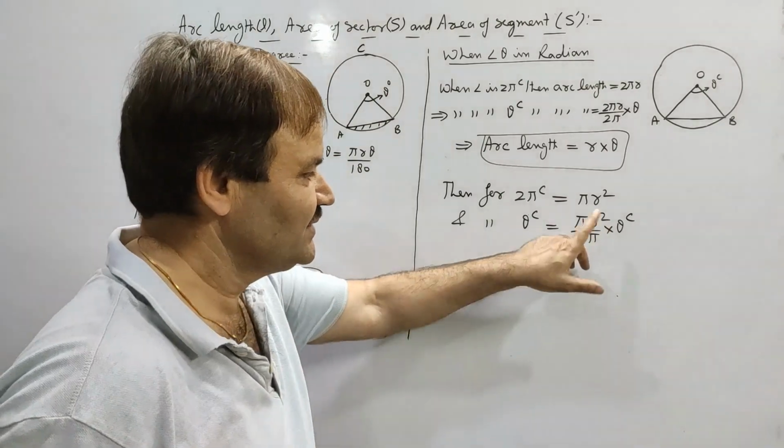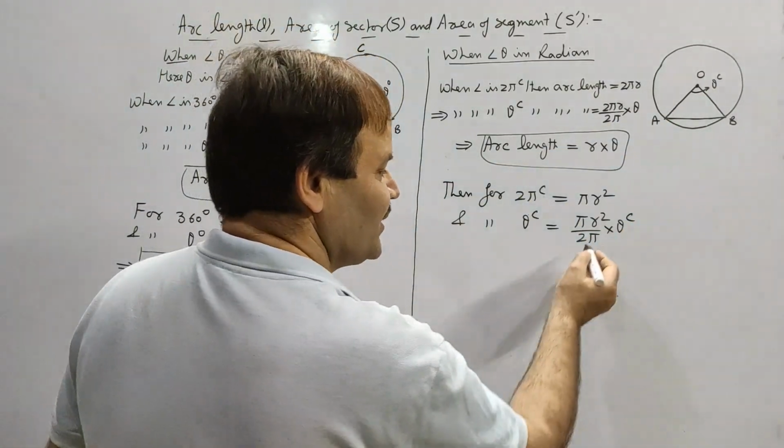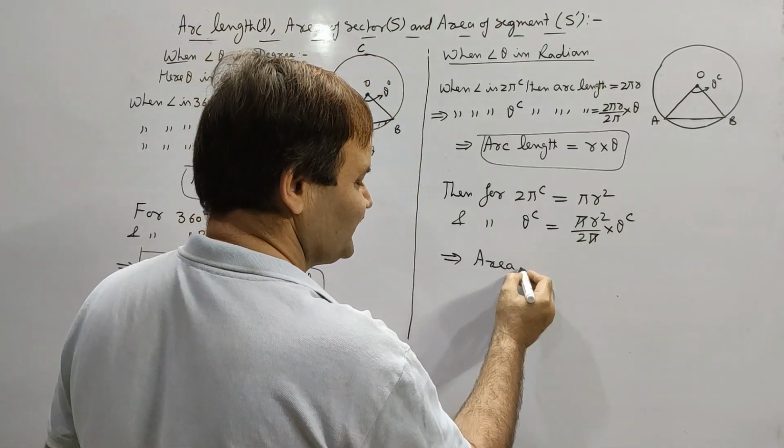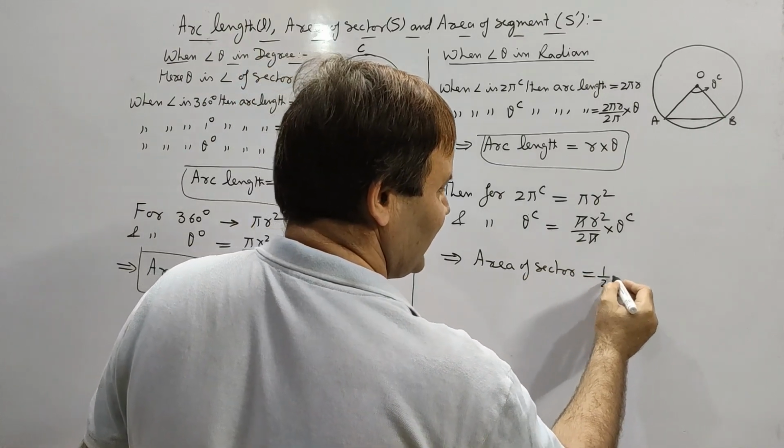So it will give the area of sector when the angle of sector is theta radian. Pi will get cancelled, and area of sector equals half r square theta.